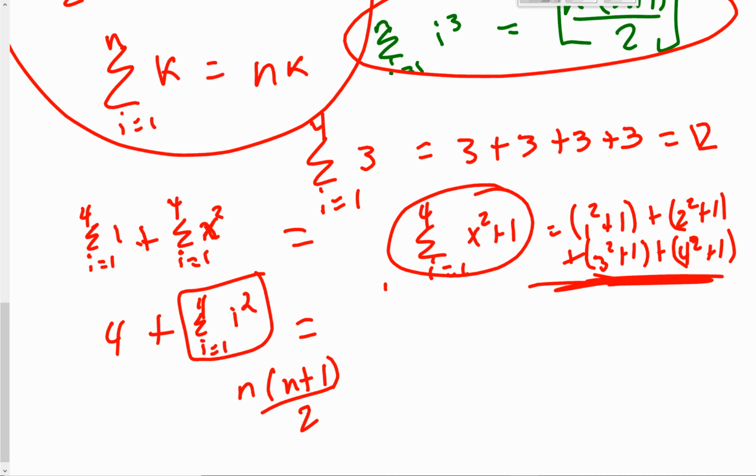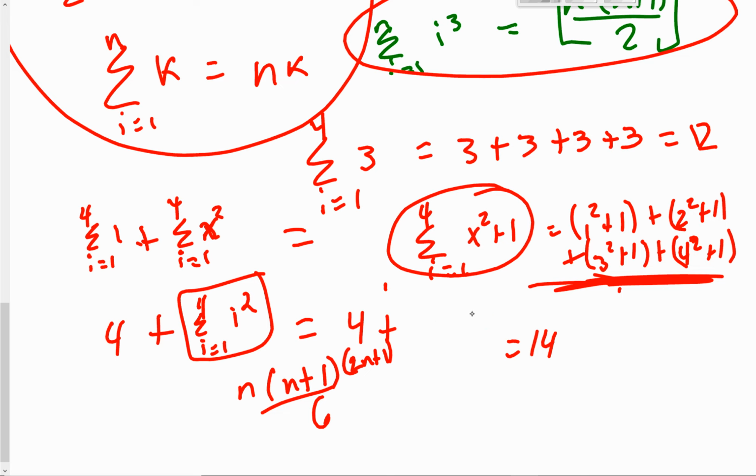So then we can go ahead and substitute, and our n is 4, so we have 4 plus 4 times 4 plus 1 all over 2, so that's 5, so that's 20, it's 10, so this is going to equal 14. Oh, I used the wrong formula here. This is n times n plus 1 times 2n plus 1 over 6. Sorry, that's the i squared formula. So switch that.